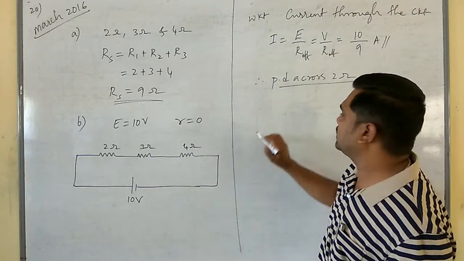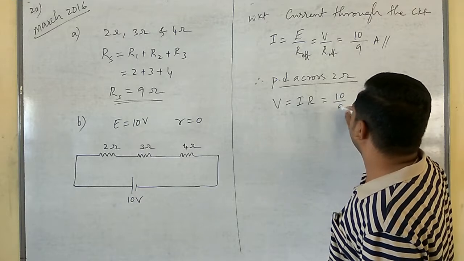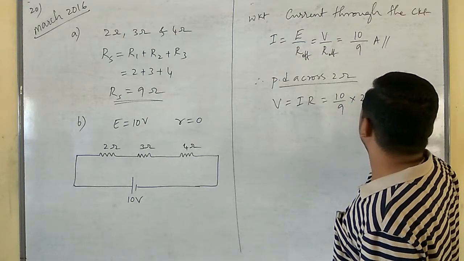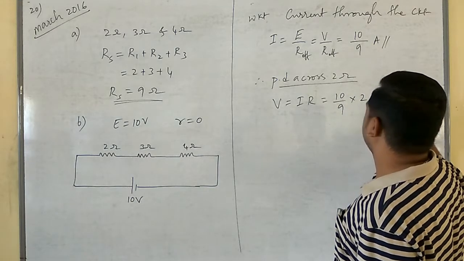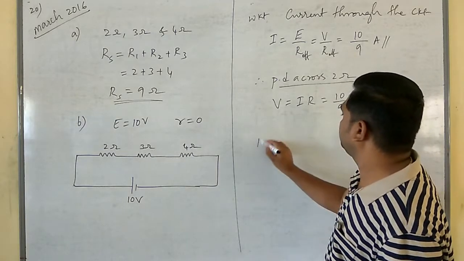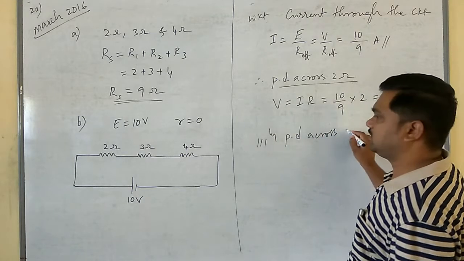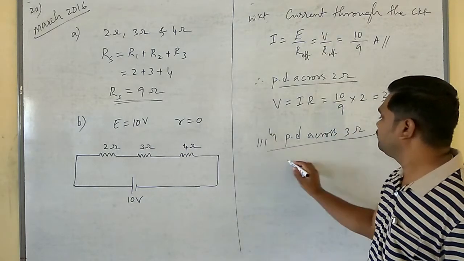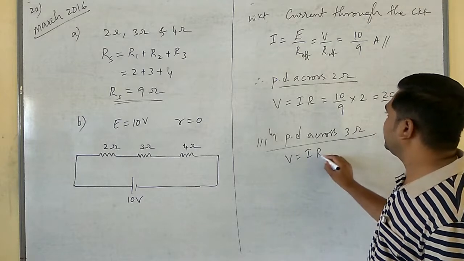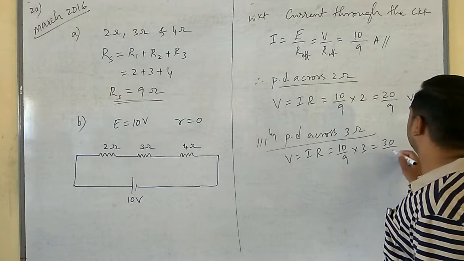Therefore, PD across 2 ohm: to find the PD across 2 ohm, V is equal to IR, that is 10 by 9 times 2, that is 20 by 9 volt. Similarly, PD across 3 ohm, V is equal to IR, 10 by 9 times 3, that is 30 by 9.